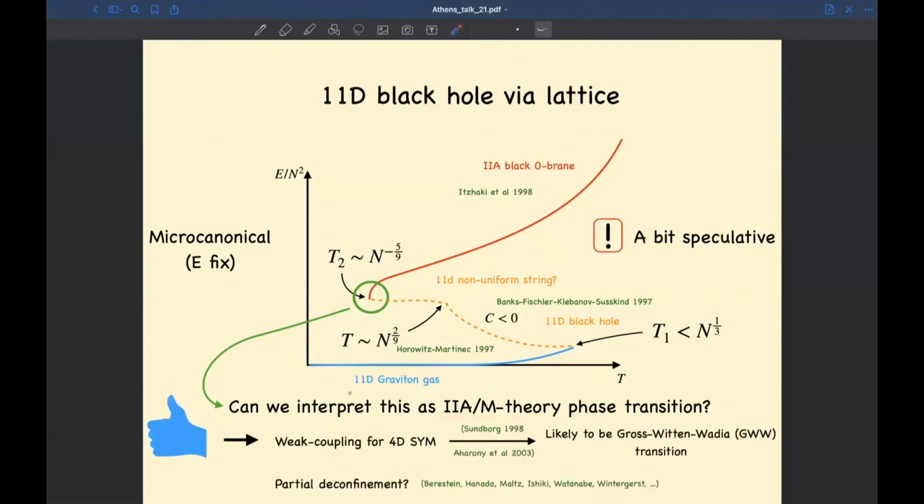Indeed, as we explained, based on motivation from conventional AdS/CFT, this could be the case, because by work from Susskind in '98 and Aharony et al., this transition is likely to be a Gross-Witten-Wadia transition, which is furthermore related to a Gregory-Laflamme instability.